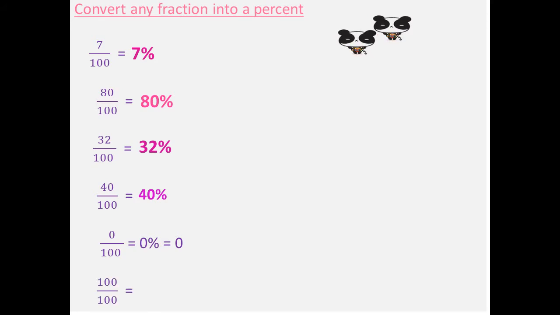What about 100 out of 100? Yes, it's 100%, which means you ate everything, or you got all. So 100 out of 100 is a whole one as a fraction, and as a percent, it's a whole one.